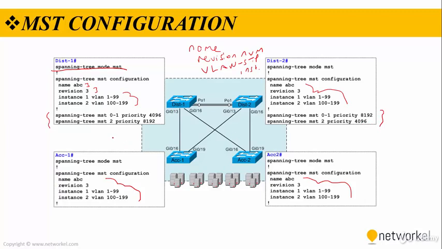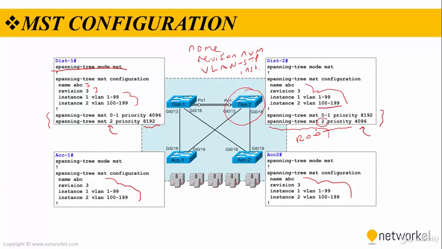For distribution 1, we have spanning-tree mst 2 priority 8000 and so on, and we have spanning-tree mst 2 priority 4000 and so on for distribution 2, which means this one will be selected as the root for instance 2, which covers the VLANs between 100 and 199.